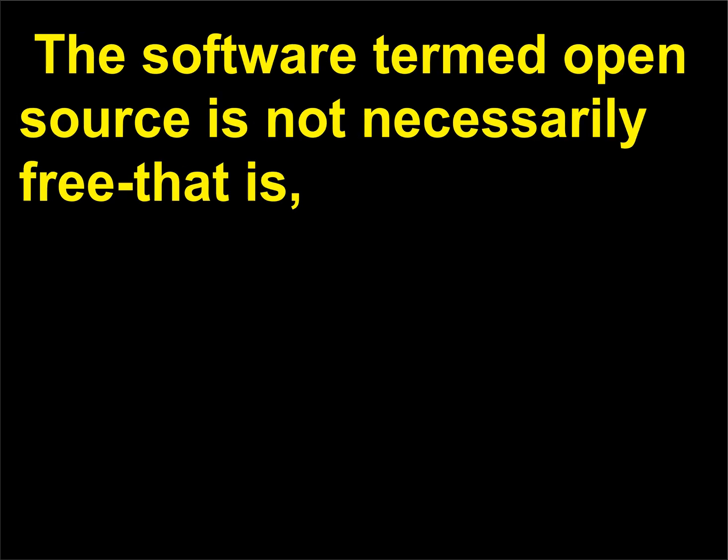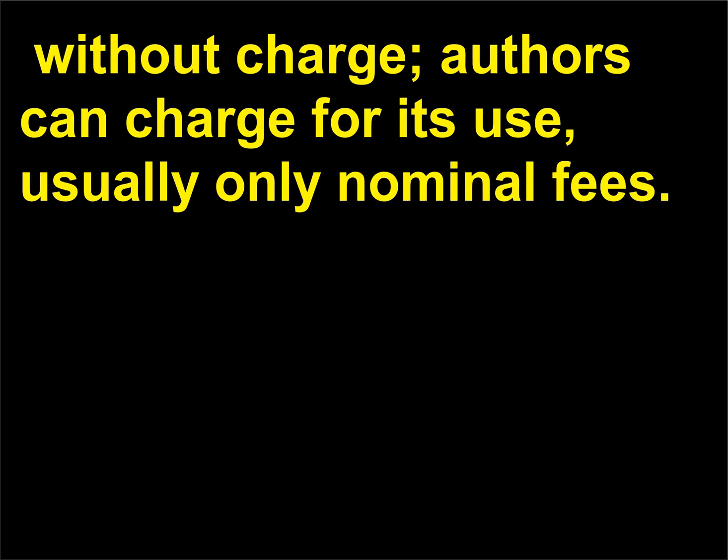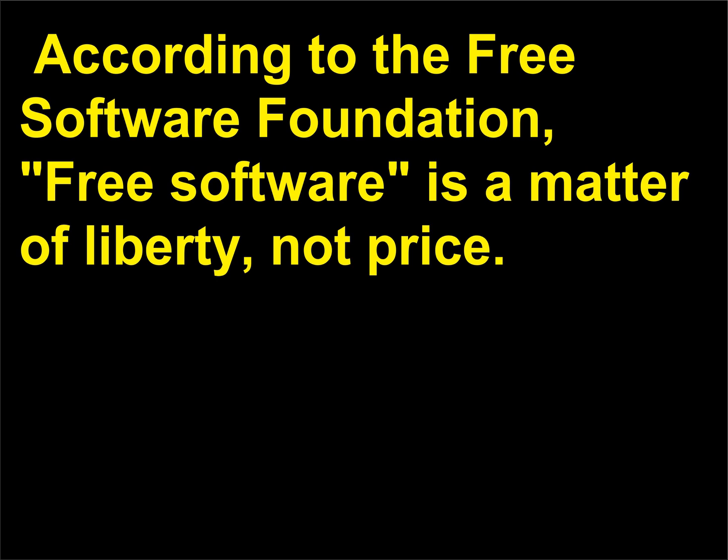The software termed open source is not necessarily free, that is, without charge. Authors can charge for its use, usually only nominal fees. According to the Free Software Foundation, free software is a matter of liberty, not price.